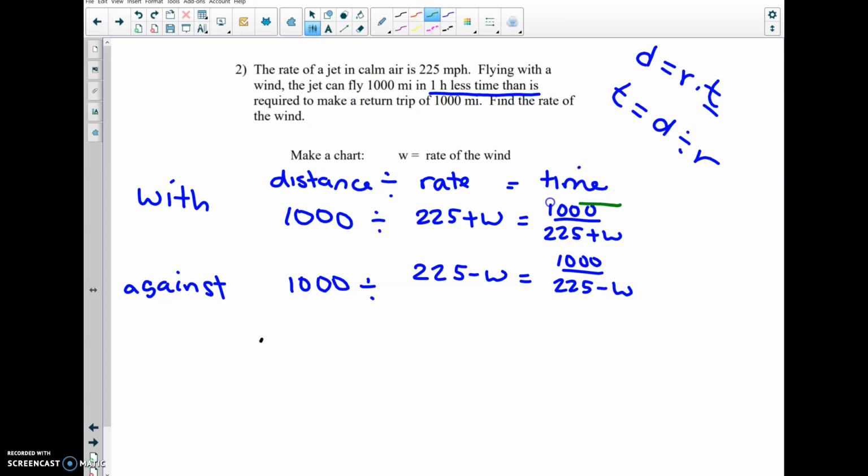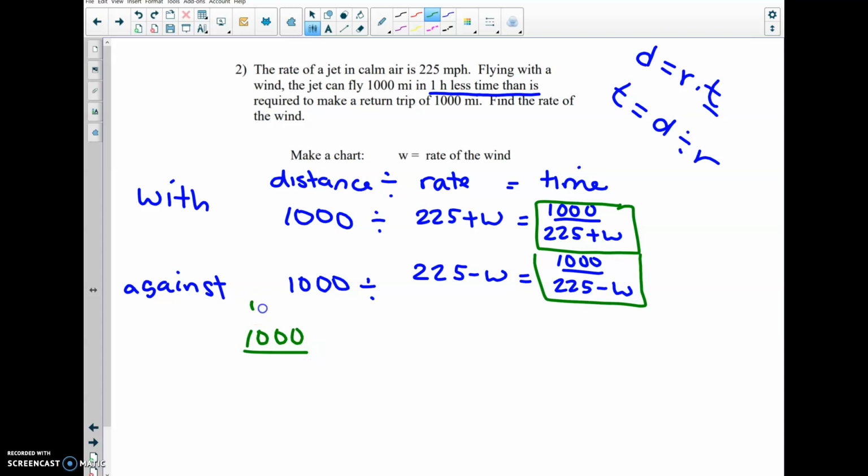The time it takes traveling with the wind for the 1,000 miles and the time it takes against the wind. Now, they say here flying with the wind takes 1 hour less time. So if we're setting these two equal, we have to balance out that equation.